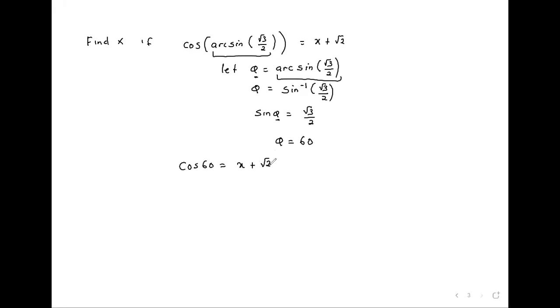What is cos 60? It's half actually. So half is equal to x plus root 2, so half minus root 2 is equal to x. So we have found the value of x.